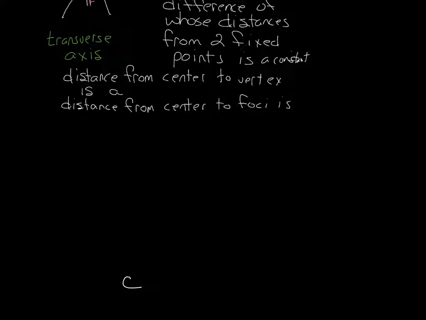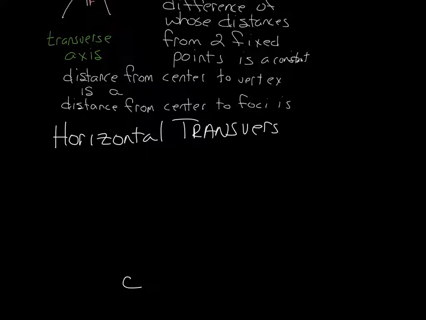All right, so if we have a horizontal transverse axis, that means it might look something like this.